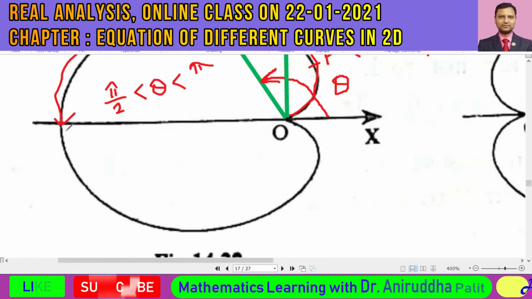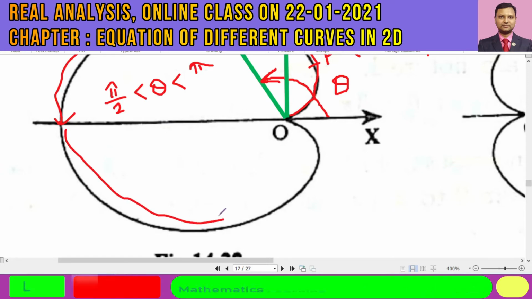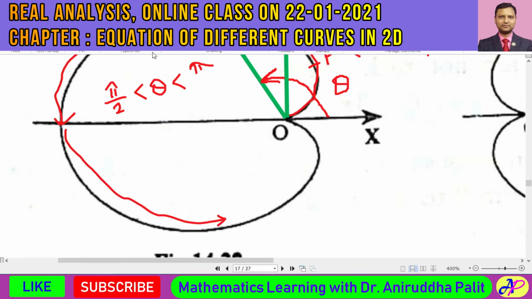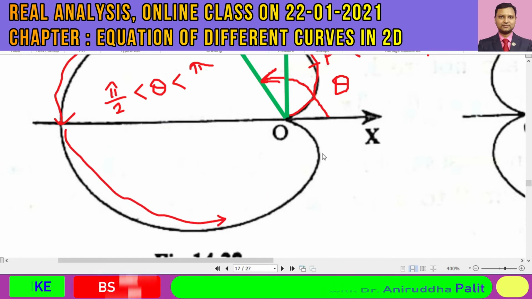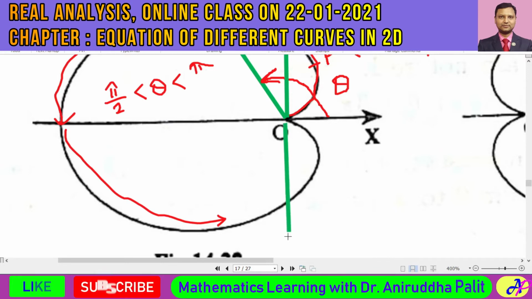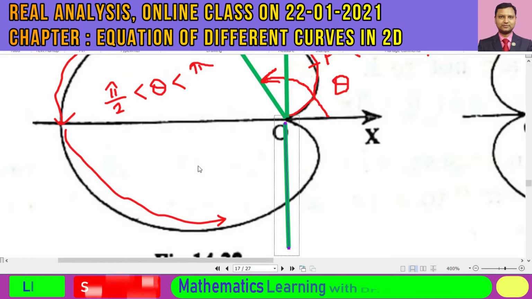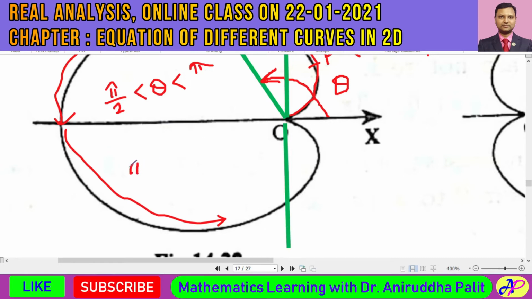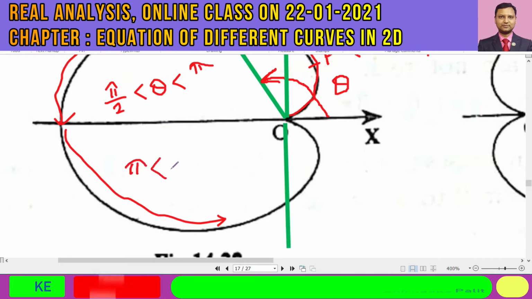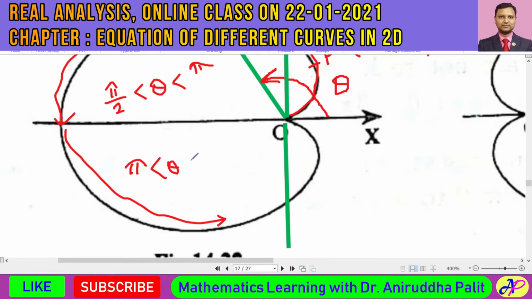And further, when the point P moves along this direction, up to this kind of point, we can draw a perpendicular line. Got it? In that case, theta would be greater than pi and less than 3 pi by 2.